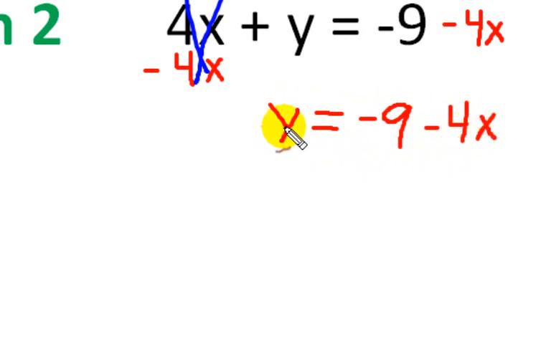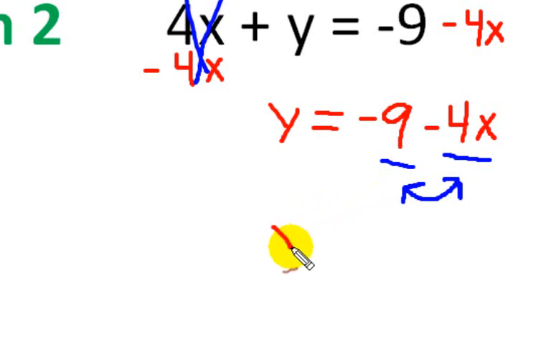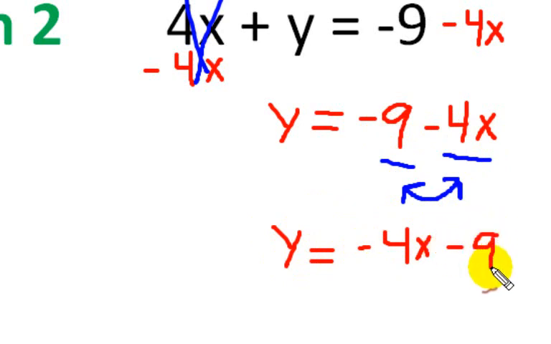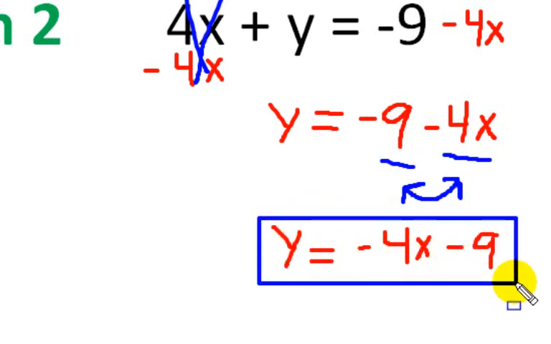Okay, but I do want it in the form y equals mx plus b, so all I need to do is switch these. So I have y equals negative 4x minus 9. And this is now my second equation that is now in slope-intercept form.